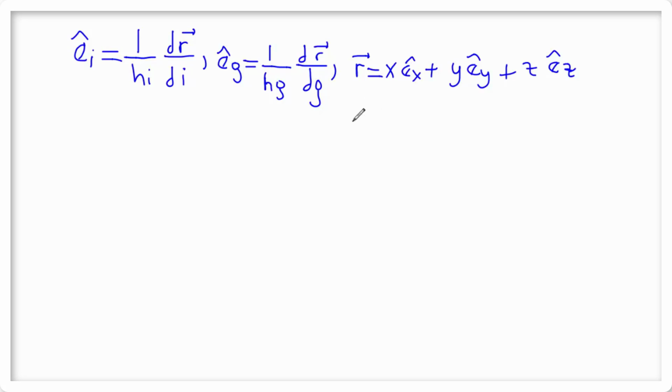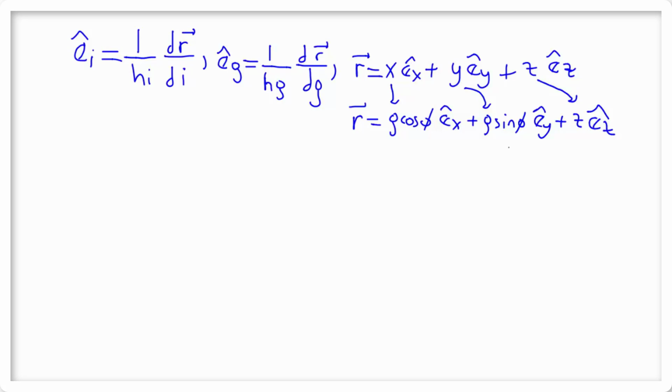In order for me to derive with respect to rho, I need to be able to write the equivalent of this in cylindrical coordinates. Remember this: for x, rho cos phi ex, plus for y, rho sin phi ey, plus for z, you know z already in the cylindrical coordinates, so z is written as z.